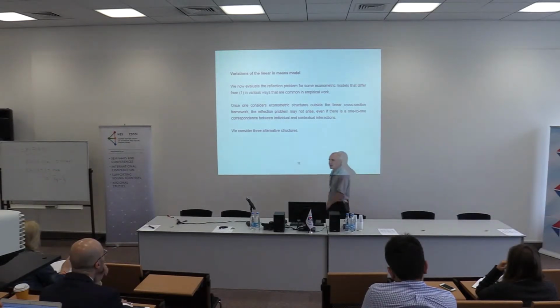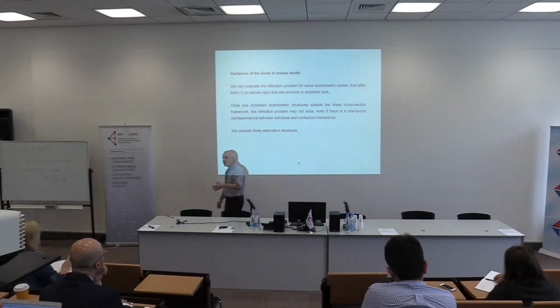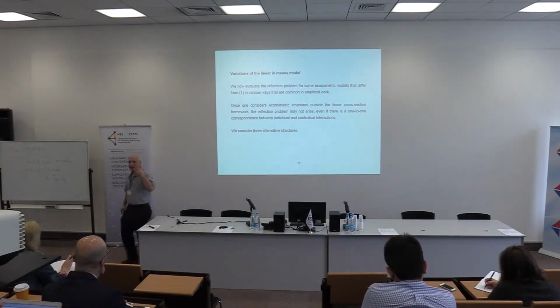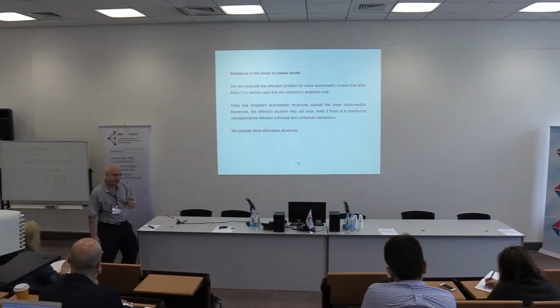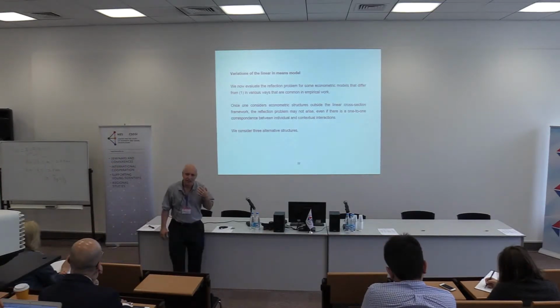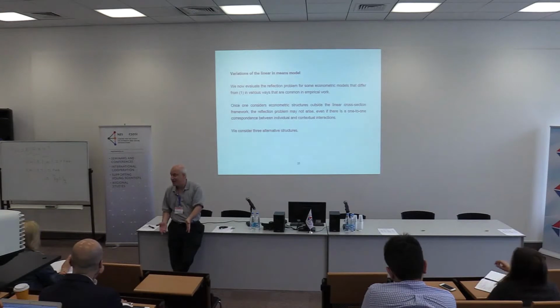So first, I want to ask this question. I've emphasized there is an isomorphism mathematically between linear simultaneous equation systems and linear social interactions models. We exploited that to get all the conditions for identification, to understand why there was a negative result, a failure of identification in the original paper, and how, once you state the formal conditions for identification, that's a special case. So identification may hold, it may not hold.